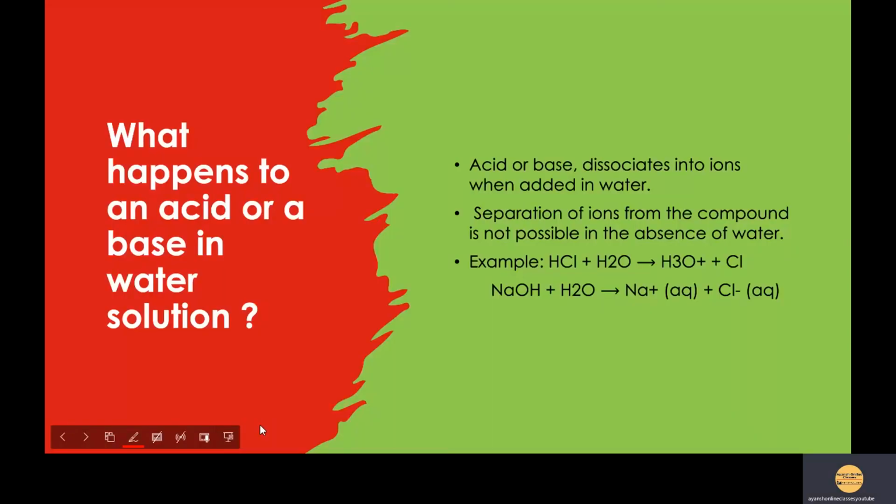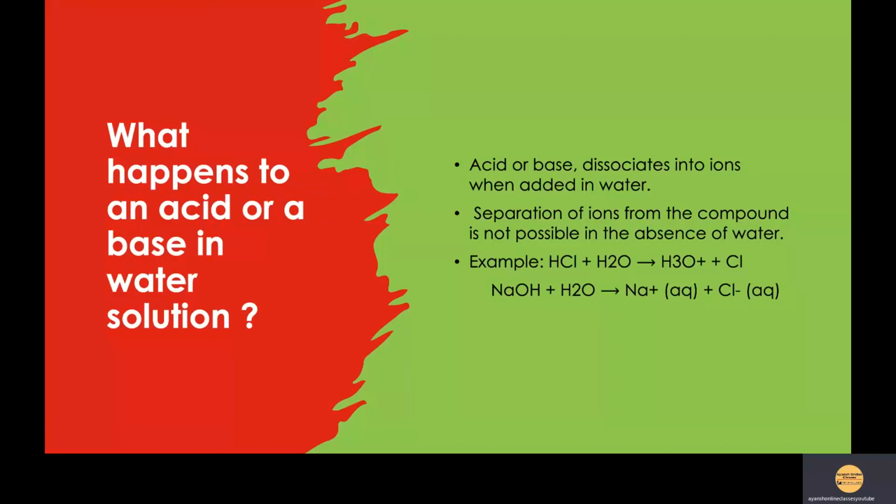Now what exactly is happening? I said that they are conducting electricity, but what happens to an acid or a base in water solution when you are mixing it into water? What exactly is the process which occurs? Now let's see. Acid or base dissociates into ions when added in water.